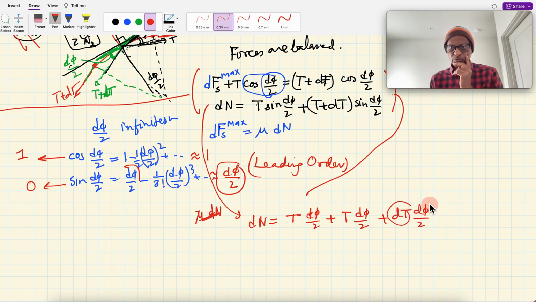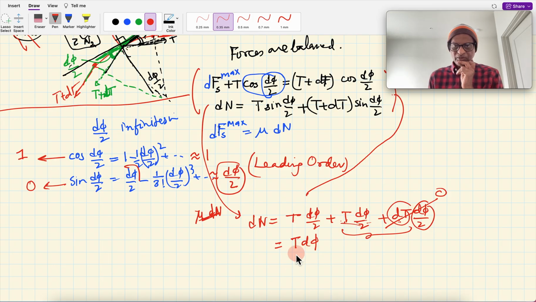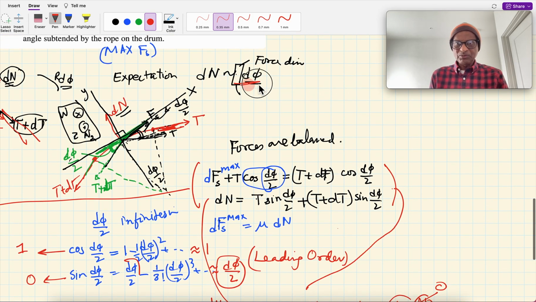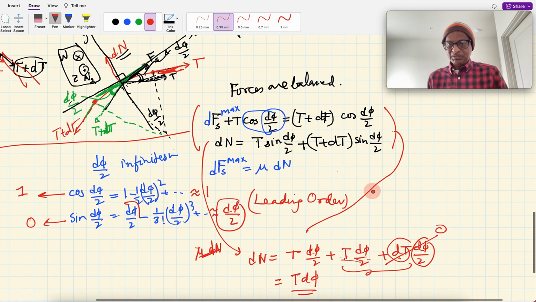Now these guys are two infinitesimals multiplied, and this is one infinitesimal. So compared to these two, this would be 0, because T and dT is infinitesimal compared to T. So these two add up and become T dφ. This should give us comfort, because remember, there was an intuition I was telling us.